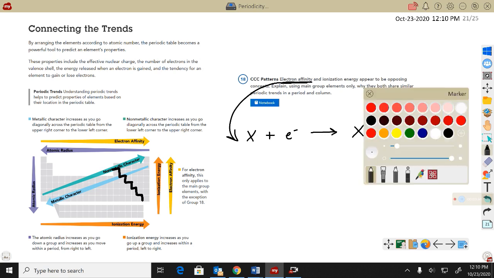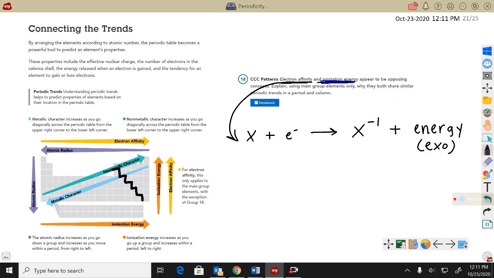A little different is ionization energy. Ionization energy is an endothermic value. It's where I have an element, element X, and I add energy to remove an electron. Think about it: a negative electron is attracted to the positive nucleus, like magnets attracted to each other.